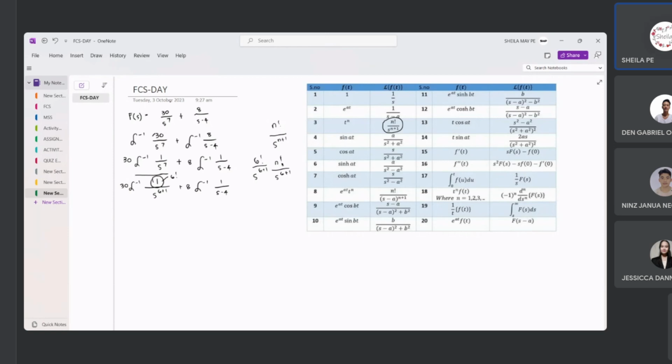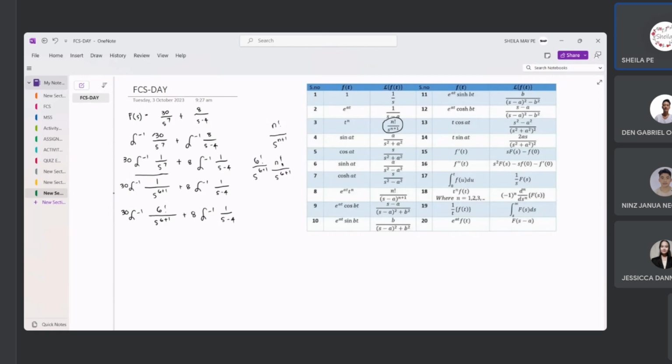What should we do? We need a correction factor in order for our numerator to be corrected. That should be 6 factorial over s raised to the power of 6 plus 1, plus 8 times the inverse Laplace of 1 over s minus 4.